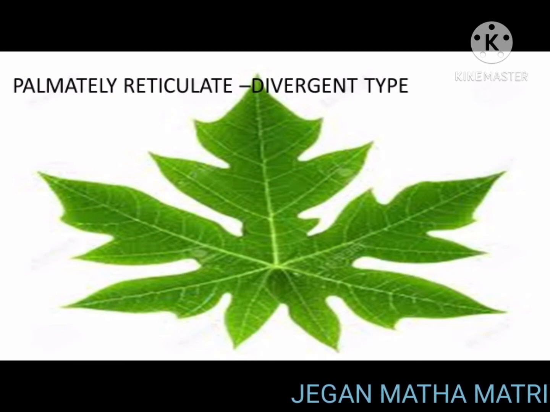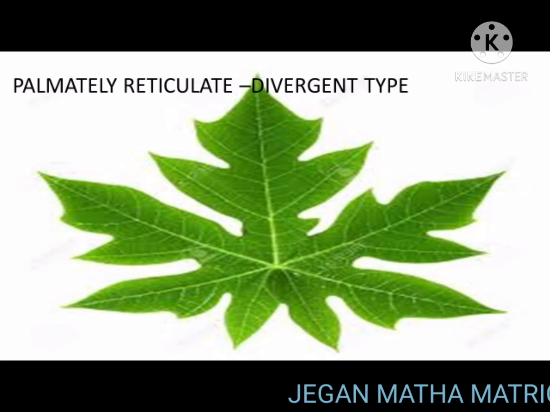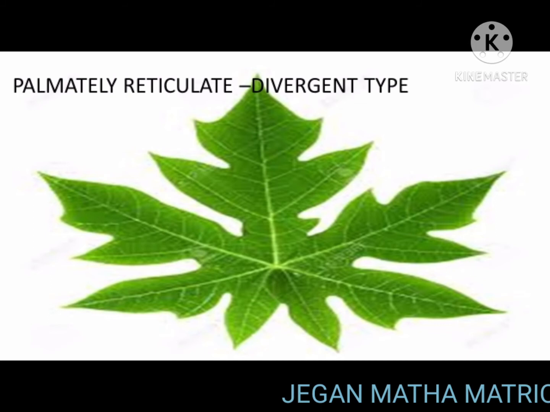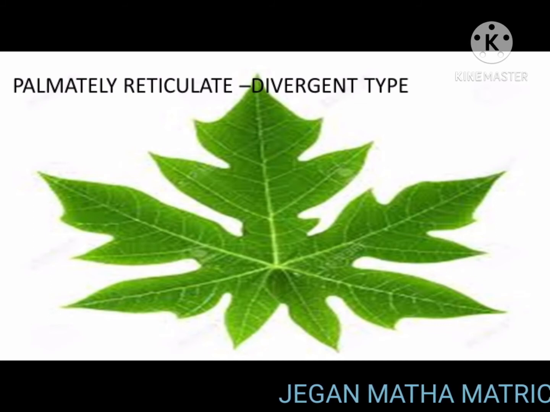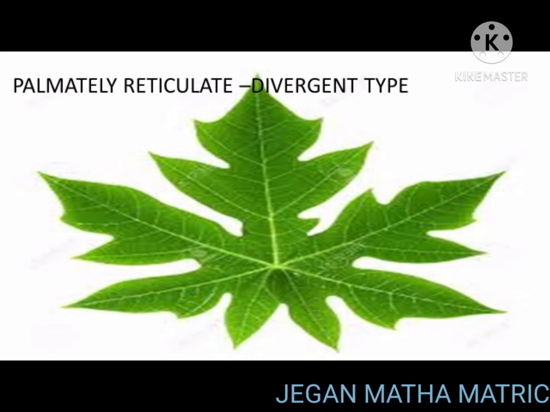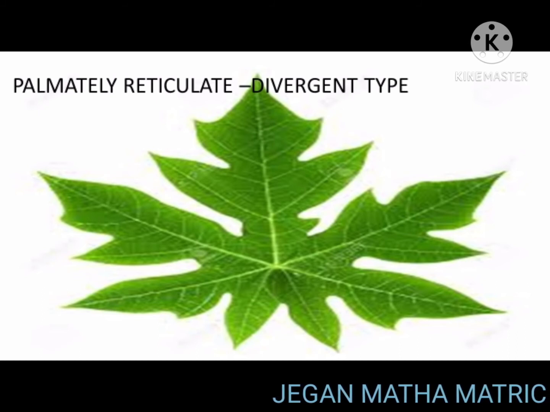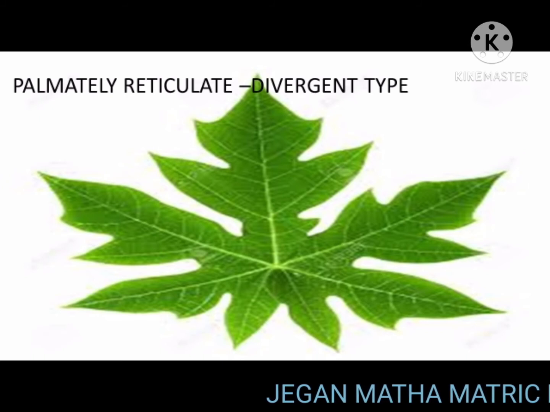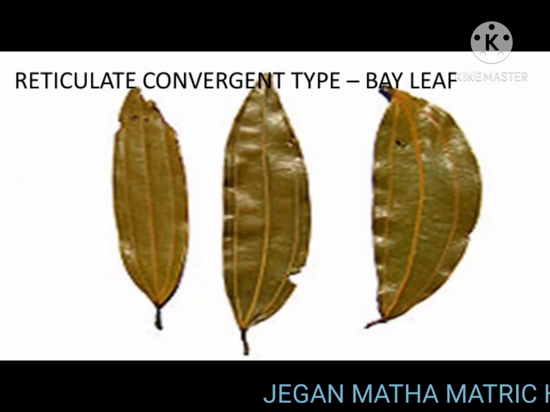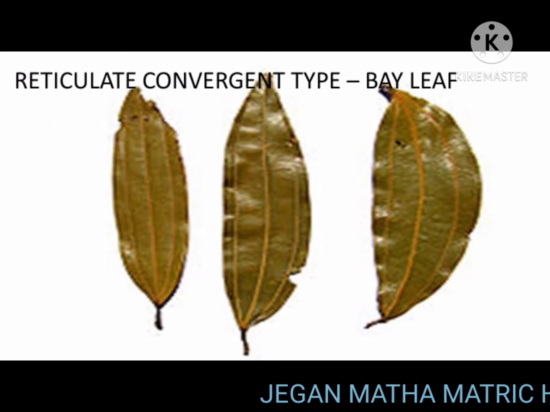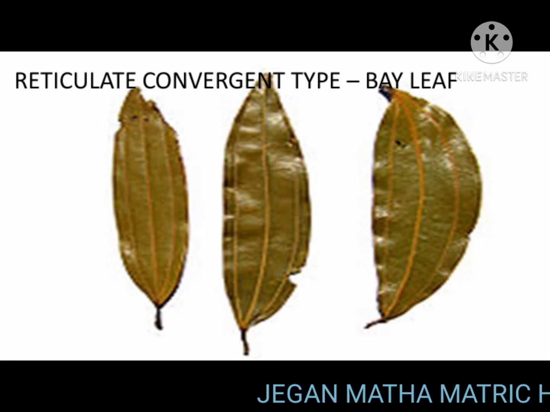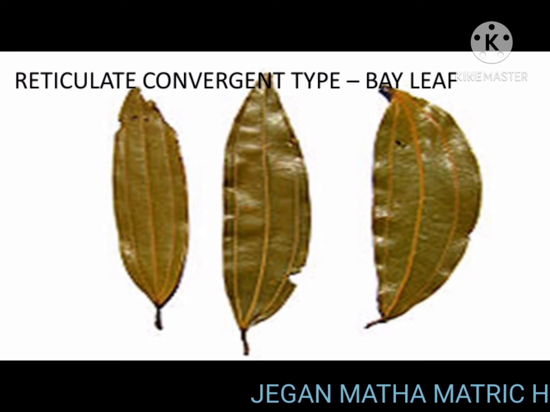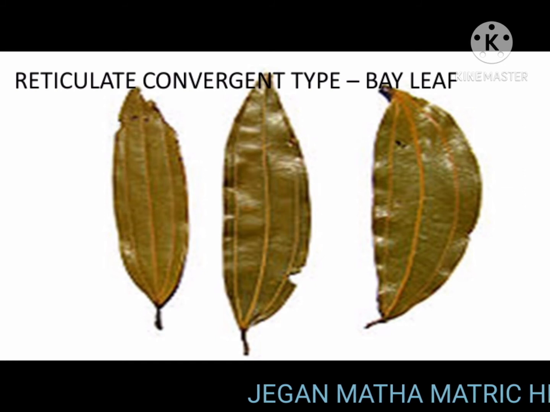The two types of palmate reticulate venations are divergent type, when all principal veins originate from the base and diverge from one another towards the margin of the leaf, as in papaya. Convergent, when the veins converge at the apex of the leaf, as in palm or bay leaf.